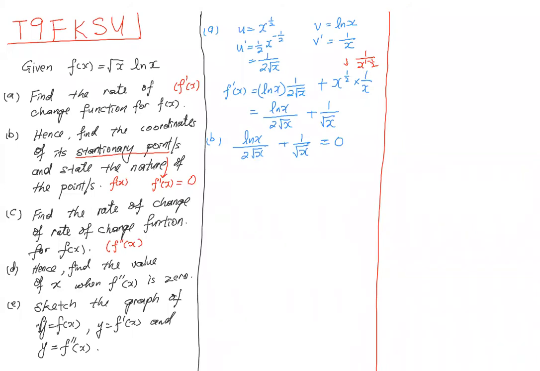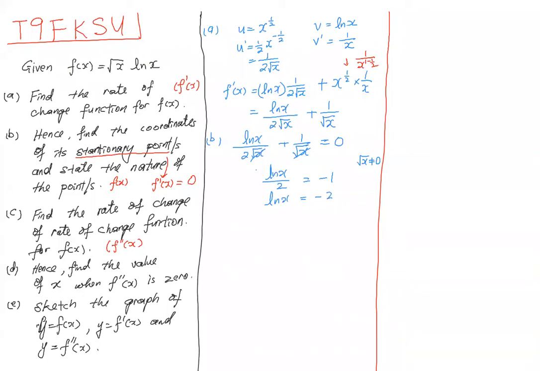Okay, so we know that square root of x cannot be 0. So you can just straight away cancel off the root x. So this will be ln x over 2 equal to negative 1. So ln x equal to negative 2.